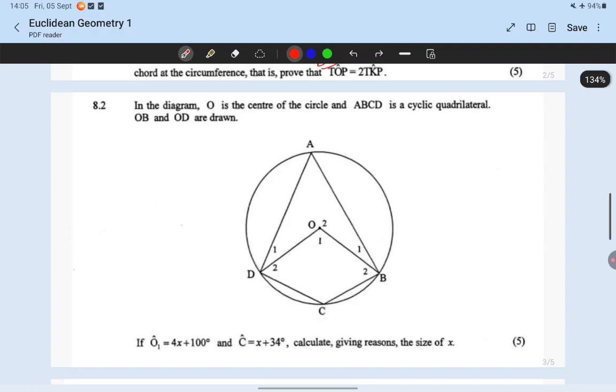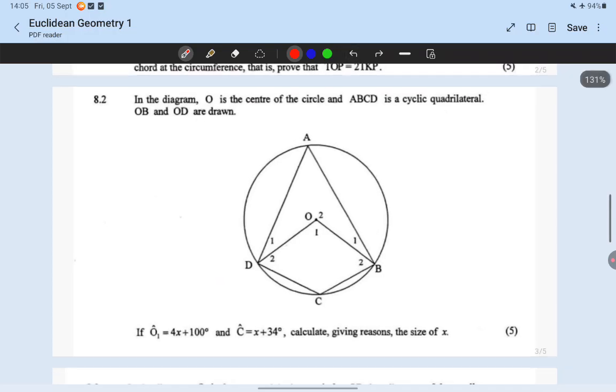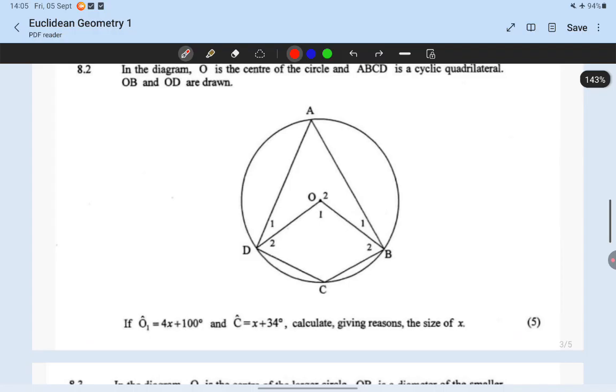question. I'm sure a lot of this you are already familiar with, right? This is just revision. So here we are given that in the diagram, O is the center of the circle and ABCD is a cyclic quad. OB and OD are drawn. Once you know that you are having the center, just know that this angle at the center must be equivalent to 2 times this.